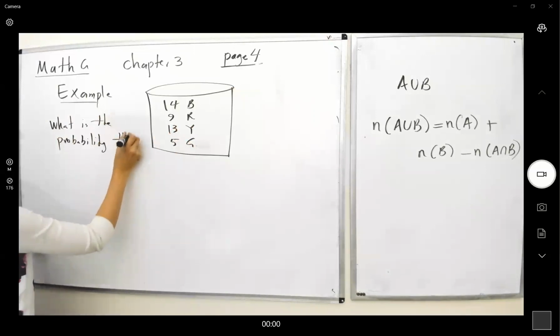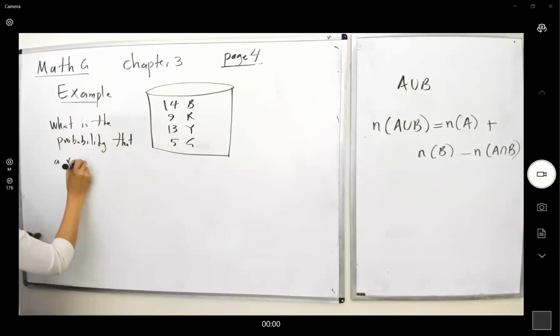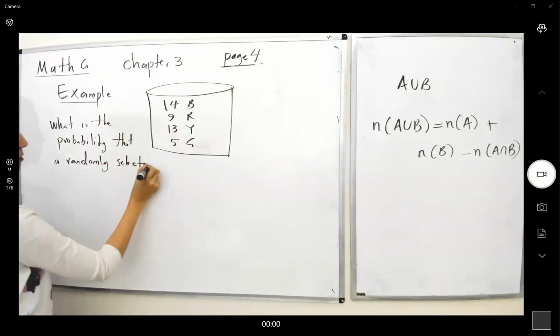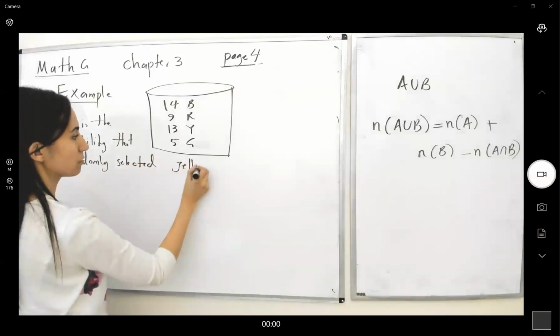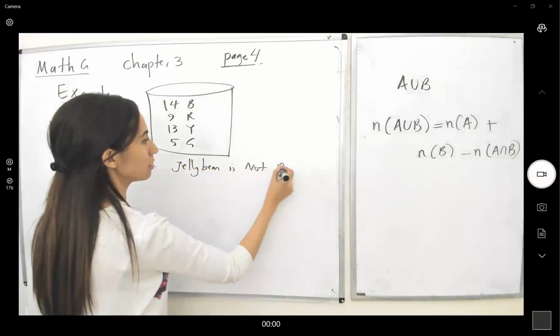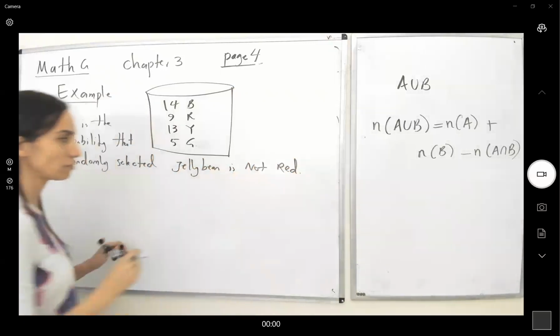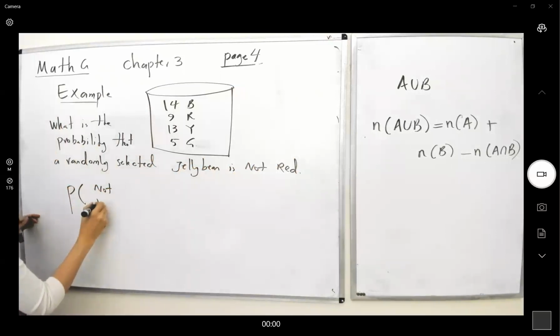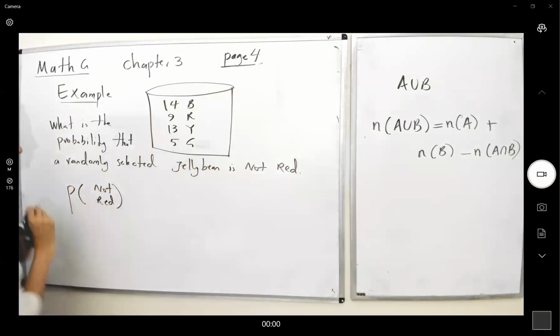That a randomly selected jelly bean is not red. So what's the meaning of that?